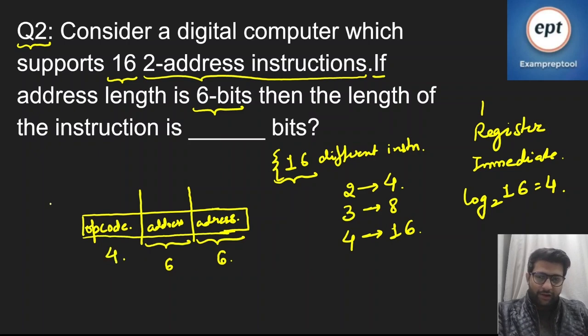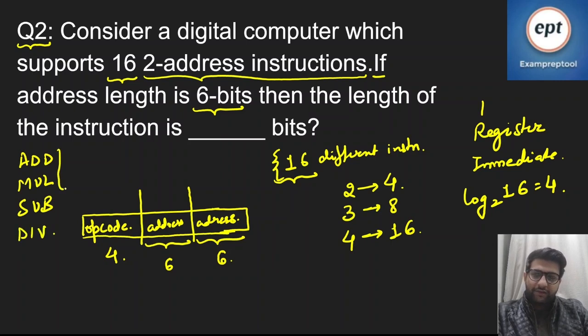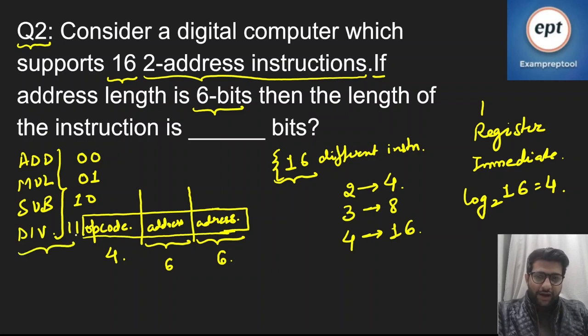To explain it more clearly, let's say the computer is supporting 4 different instructions: add, multiply, subtract, and divide. There should be a code for each of these instructions. Let's say 00 represents the add operation, 01 represents multiply, 10 represents subtract, and 11 represents division.